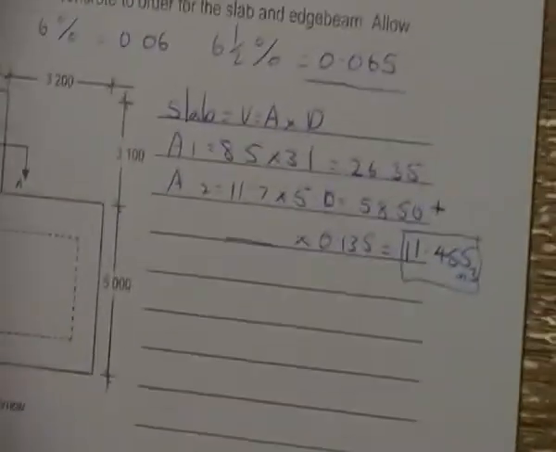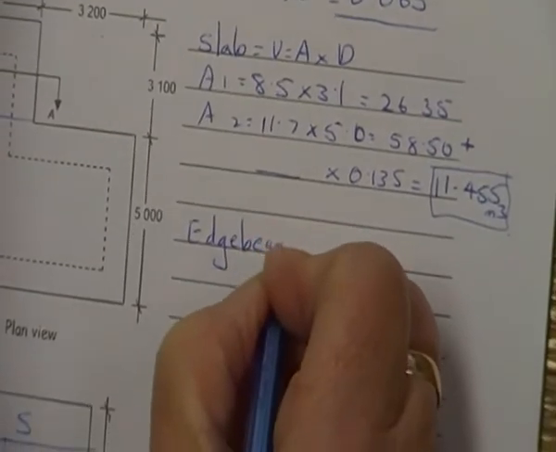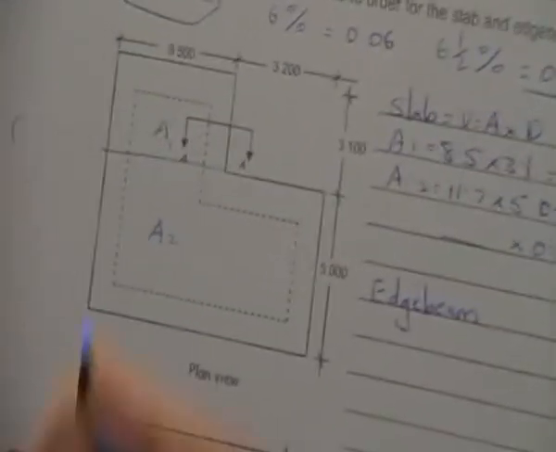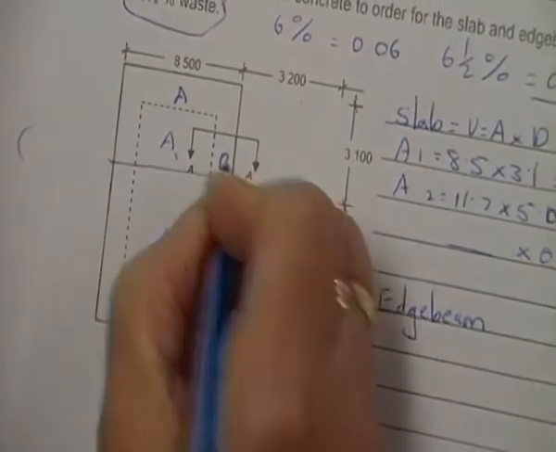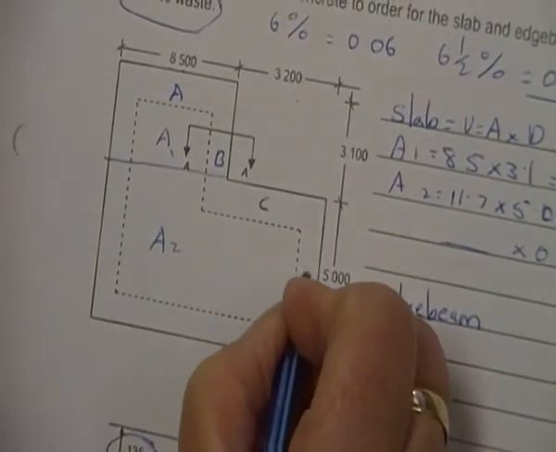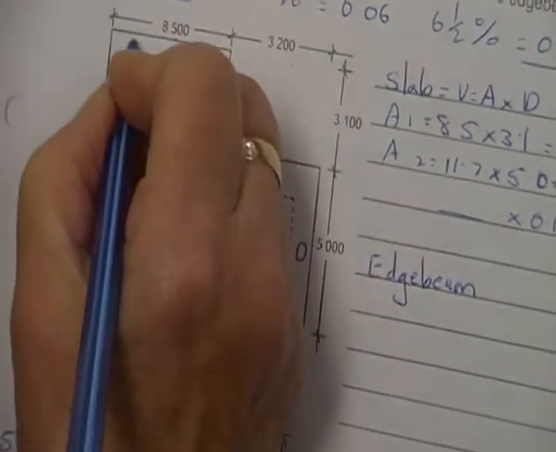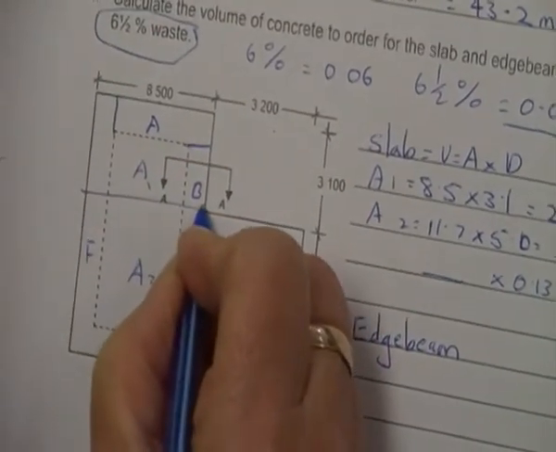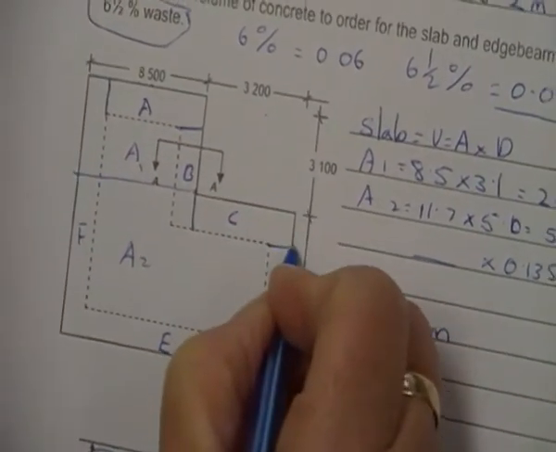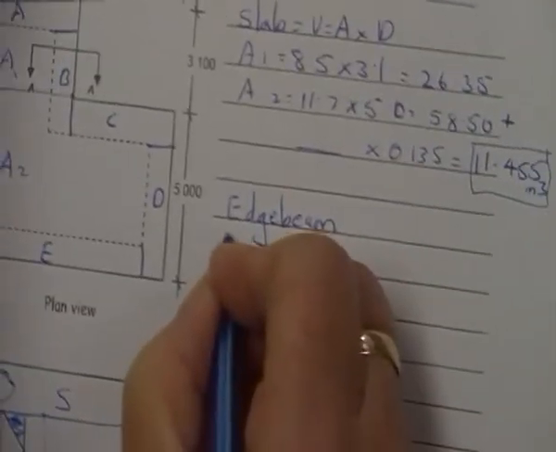When we're doing our edge beam here, I'm going to label my sides A, B, C, D, E, F. I'm going into, over, into, over, into, over, writing down the sides.